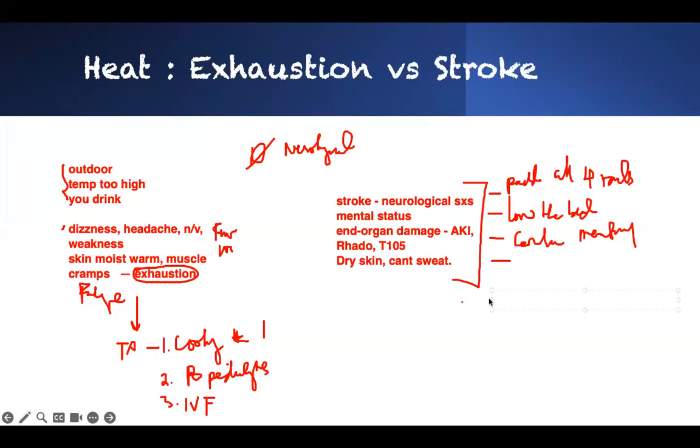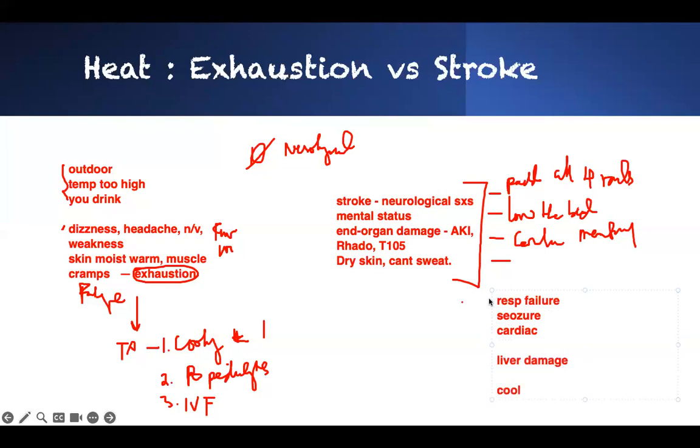They go into cardiac arrhythmia and all those things. They go into respiratory failure, and they will have seizures, some cardiac issue. So you need to cool these people fast. They can have liver damage.